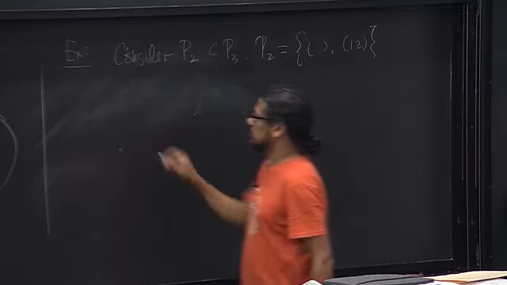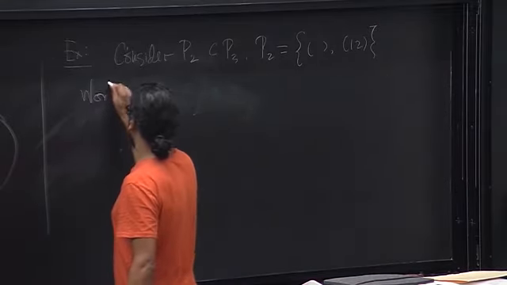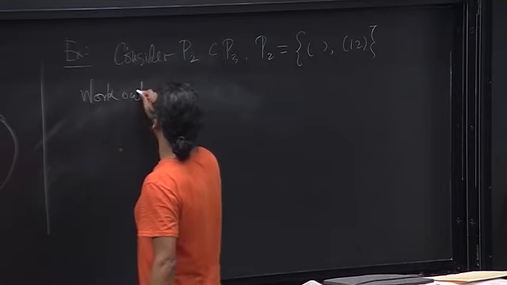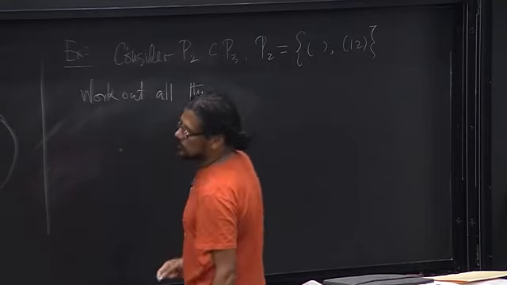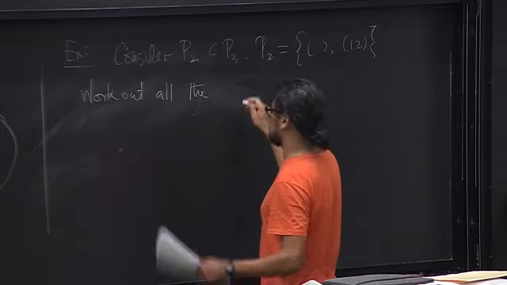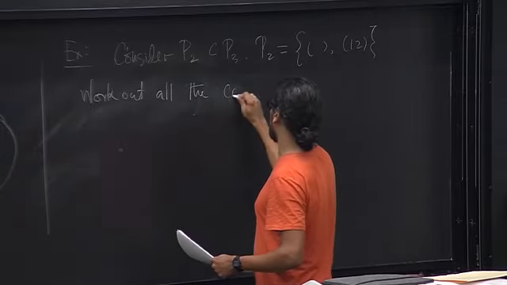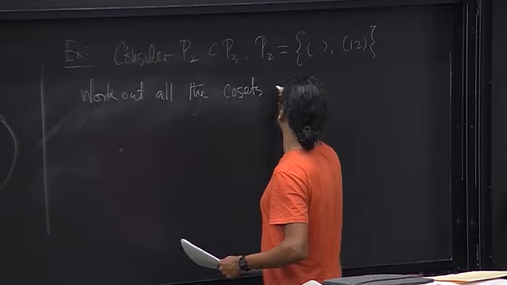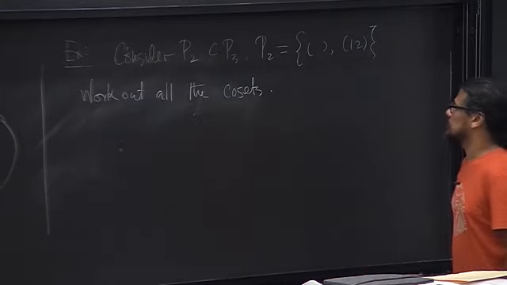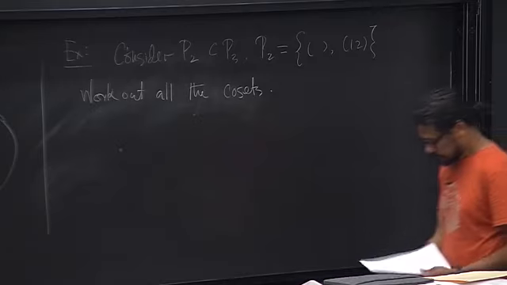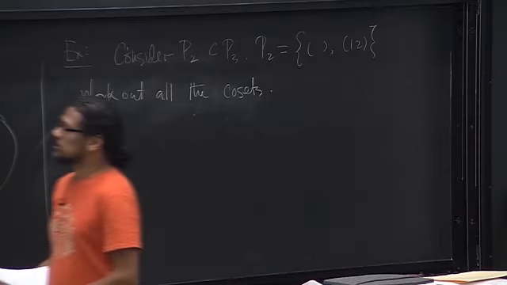Now work out all the cosets, all the left cosets, with respect to P2. Okay.